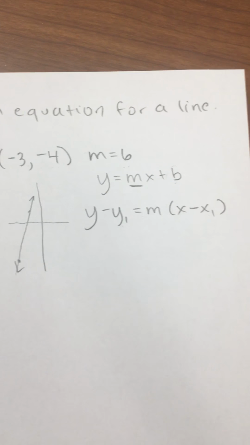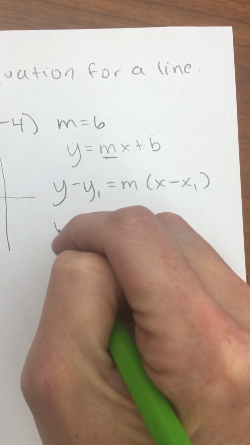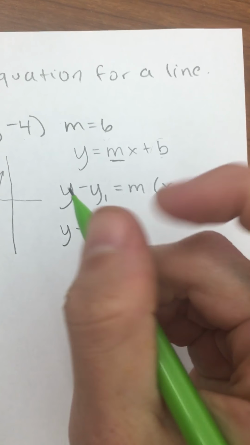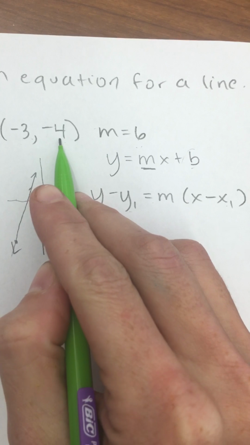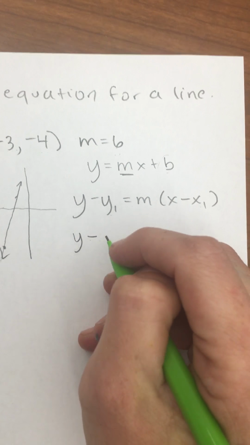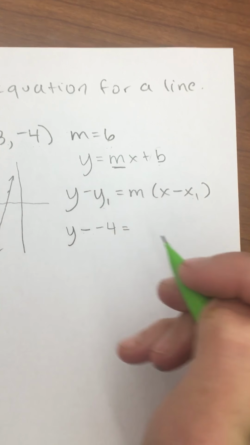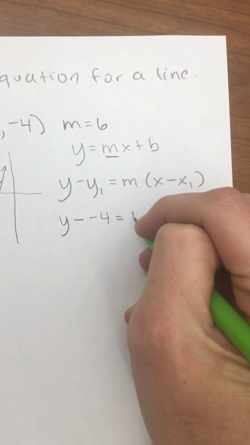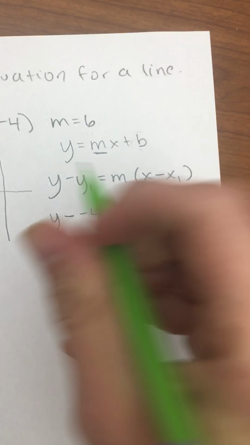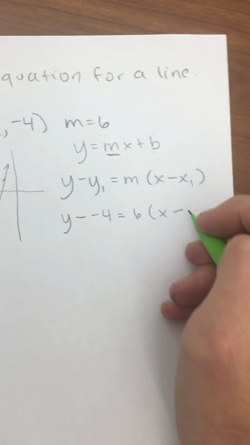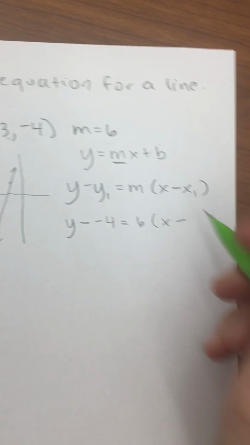All right, so let's do it. We have y minus our y value of that point. That's -4. So y minus -4 equals my slope, which is 6, times x minus my x value, which is -3.